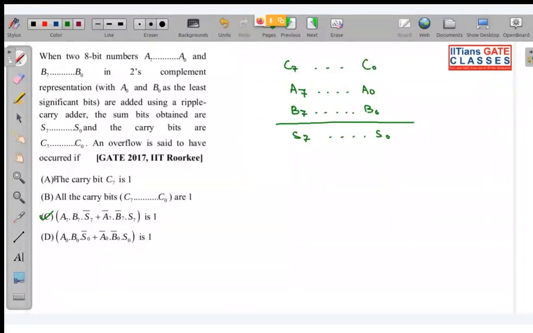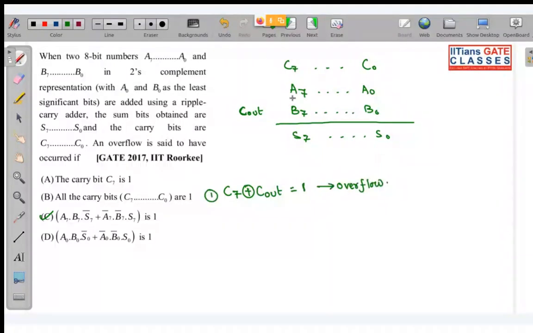So they are asking when will the overflow occur. If they had mentioned a C out over here, you could have said if C7 XOR C out is equal to 1, then overflow has happened.